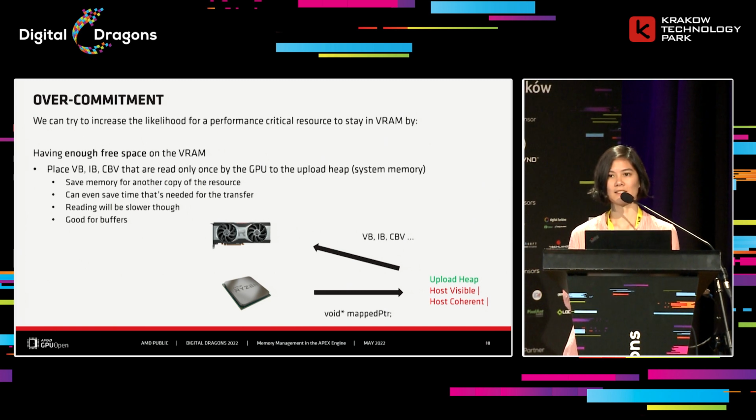But instead of having this additional copy in video memory, you can just let the GPU read directly from the system memory. It saves you the additional memory in video memory. It also saves you the time for the copying, but the reading itself will be a bit slower.